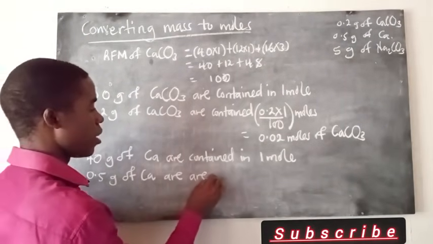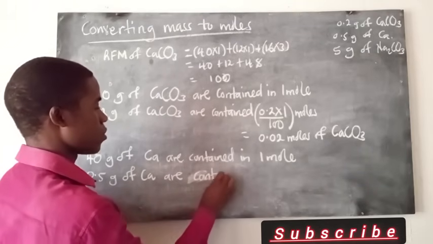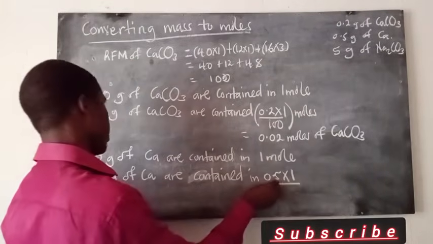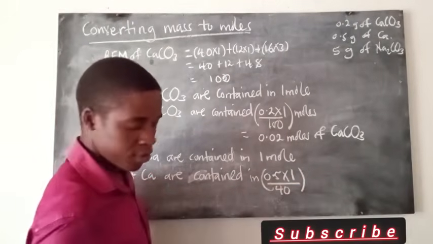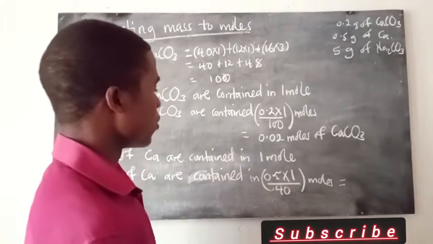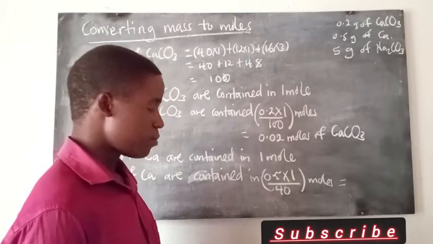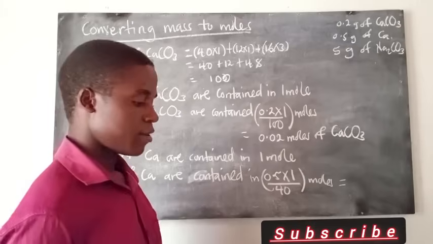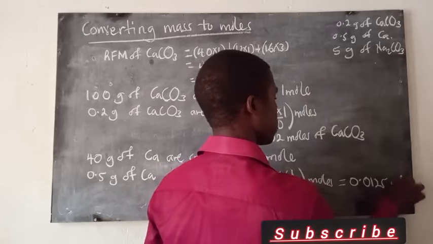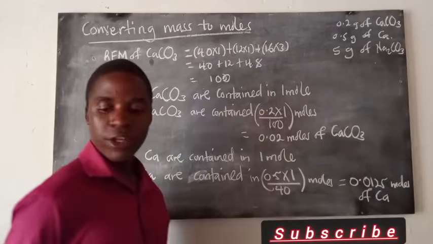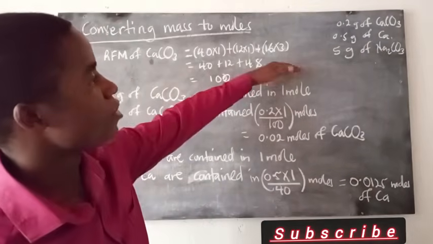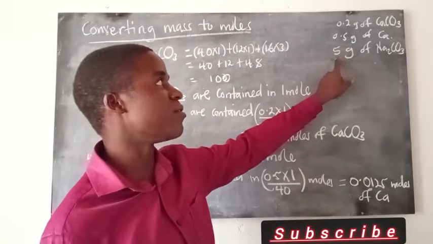It is contained in 0.5 times 1 divided by 40, so we are getting moles. Our answer is 0.0125 moles of calcium.